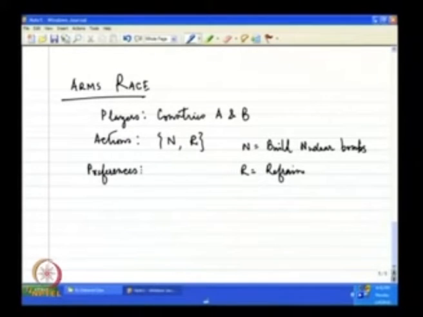Preferences are the following. Firstly, let us compare, like we have done before, two situations where both of them are building nuclear bombs, which is NN, and both of them are refraining, which is RR. Now, which is better?